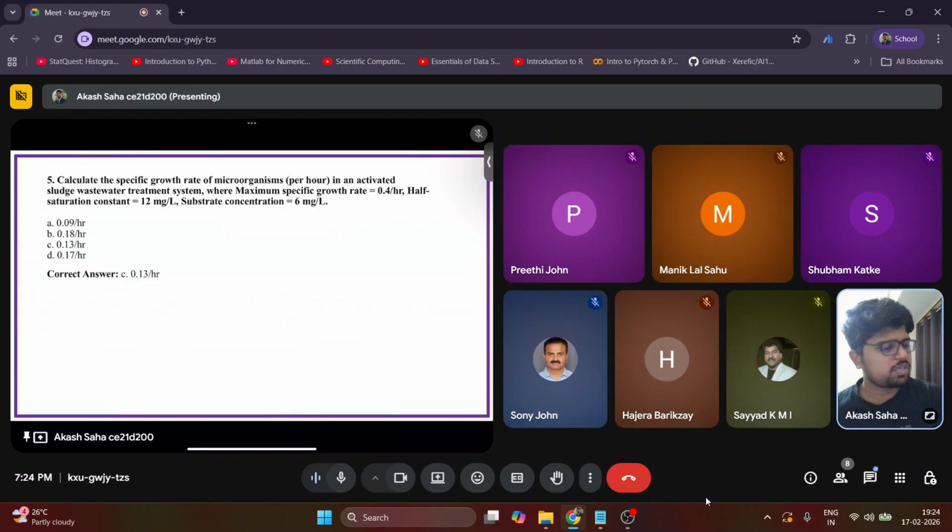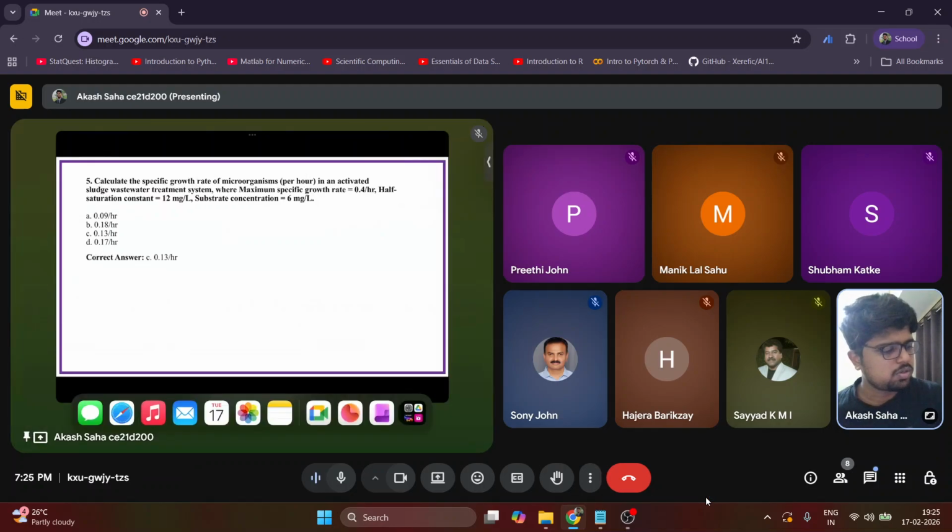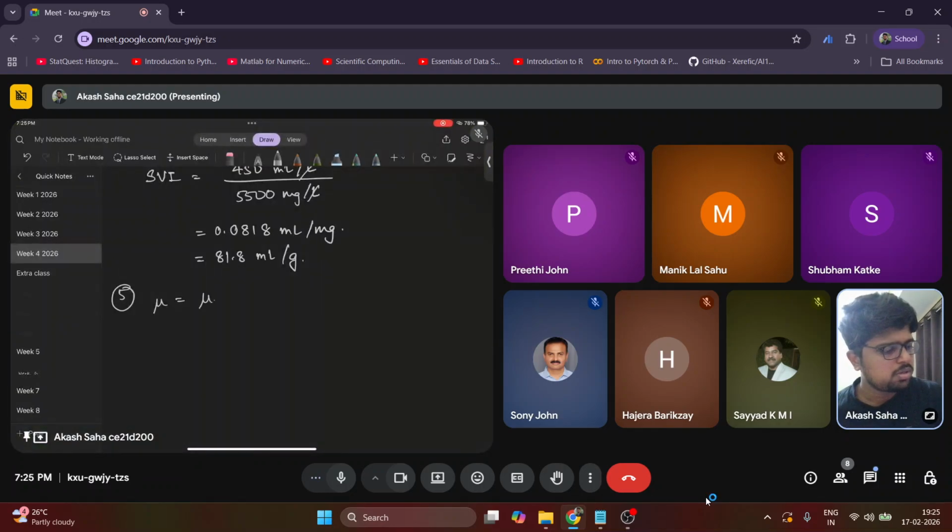So for others, I will just quickly write the equation so that you can follow. Mu is equal to mu max S by Ks plus S. Here mu max is given as 0.4 into 6, divided by Ks, the half saturation constant, which is 12, plus S, again 6.